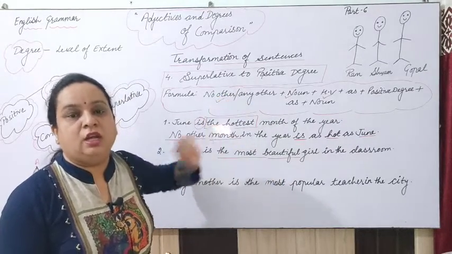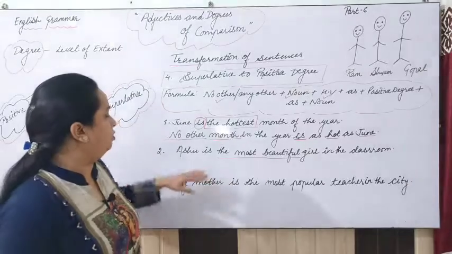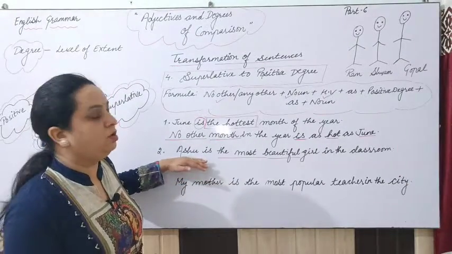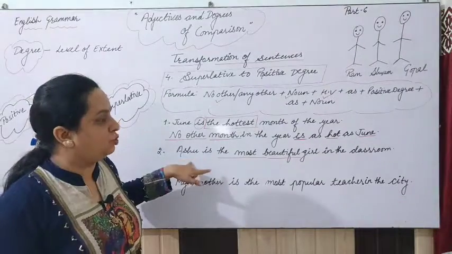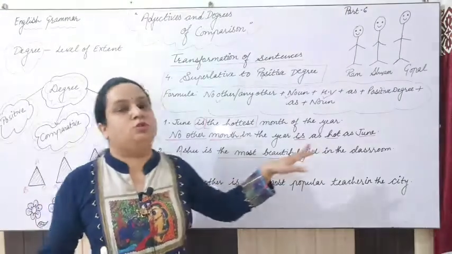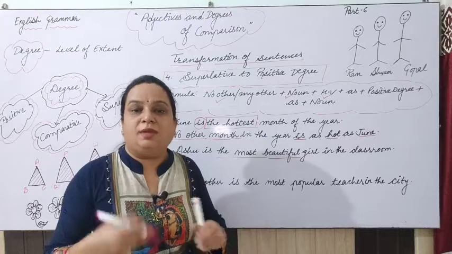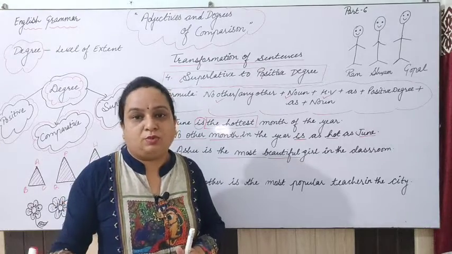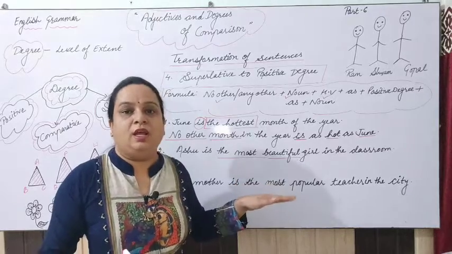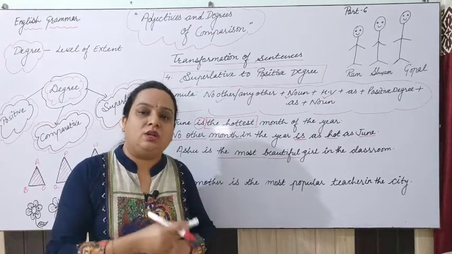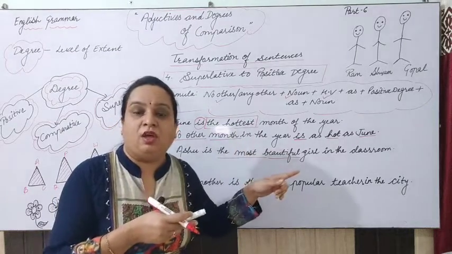This one, right? By this we have to do it, and first we have to identify the nouns being compared. It is Ashu. Ashu is the most beautiful girl in the classroom. It means no other girl is as beautiful as Ashu. The name of the second girl is not given, because it is superlative. Clear?